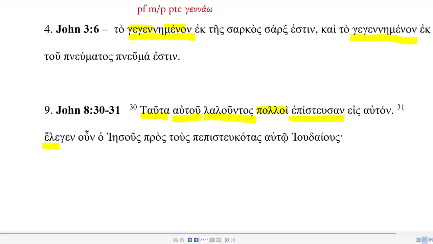So here we have an imperfect, elegen. So he said, or potentially he was saying, context might just dictate that we say he said. Oun, therefore, Iesous. So Jesus said, therefore, pros tous pepisteukotas, to the, and here we have a perfect, that's the pepist, and the pe is telling us it's perfect, and then this kot is telling us that we have an active.